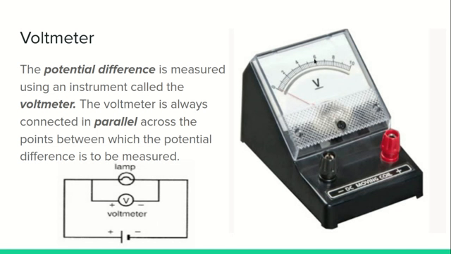So here, the least count of this voltmeter is 6 minus 4 divided by 10, that is 2 by 10, which is 0.2.